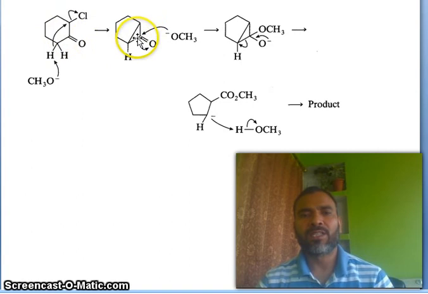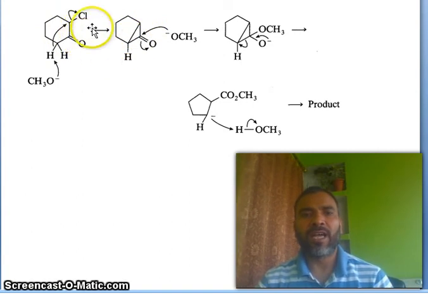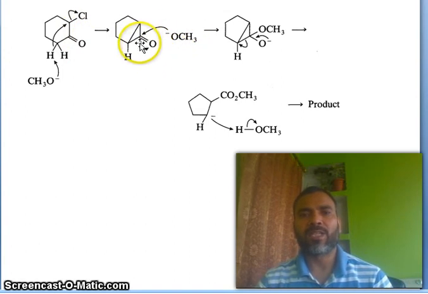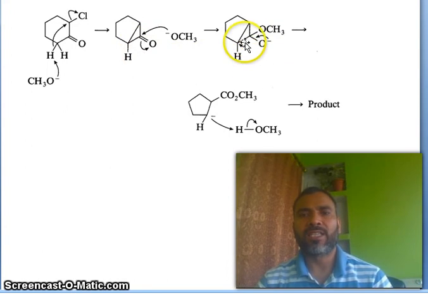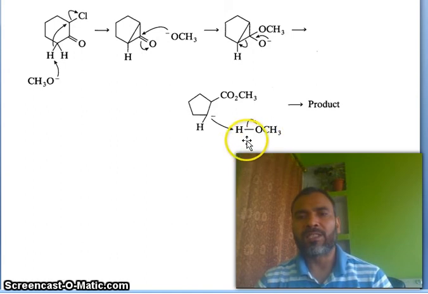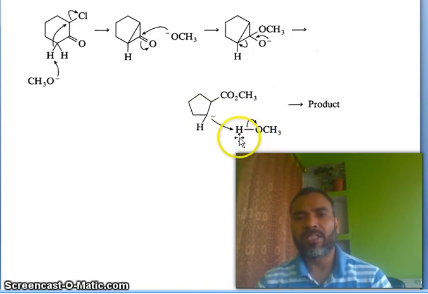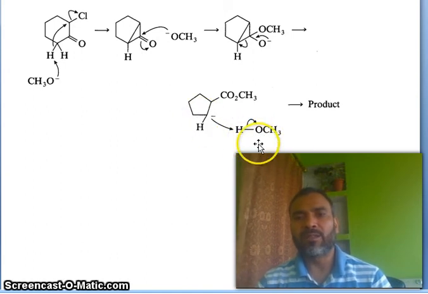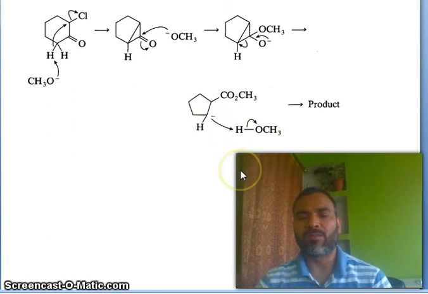You see, there is a 5-membered ring and a 3-membered ring. Later, the base again attacks this carbonyl carbon, making such an arrangement, and then this carbon-carbon bond will break and form this 5-membered ring. After this, the base again traps this proton and methoxide is formed, and then the product will form.